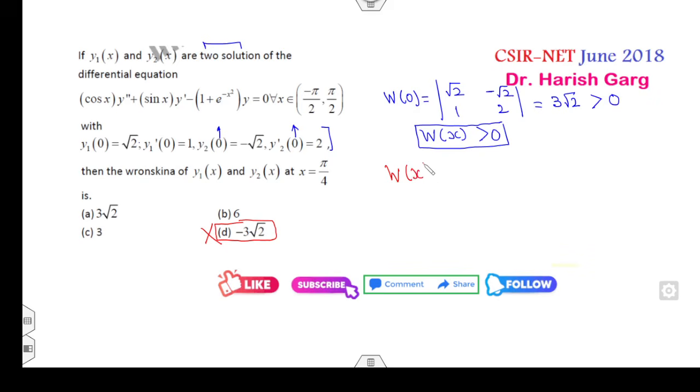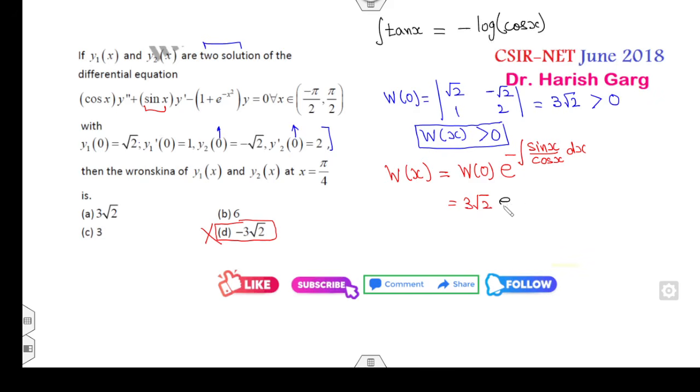Now you can find the Wronskian at the point by using Abel's formula. Wronskian at the point 0, e raised to power minus integral of coefficient of the y dash divided by cos x. Fine. That number is 3 root 2. What is the integration of tan x? Integration of tan x is minus log of cos x.